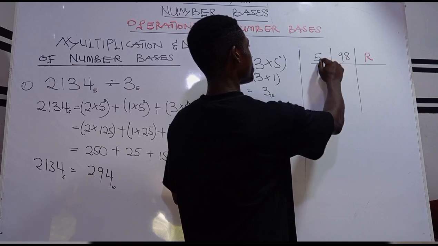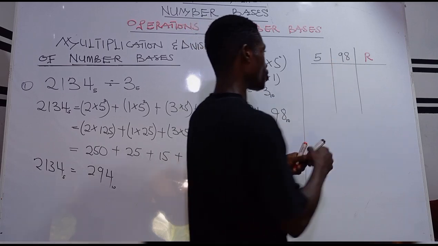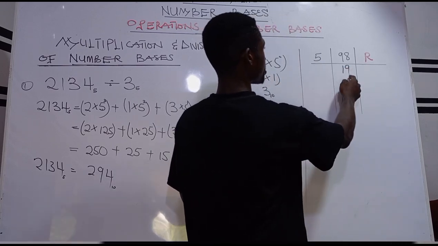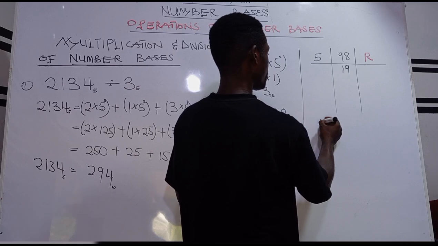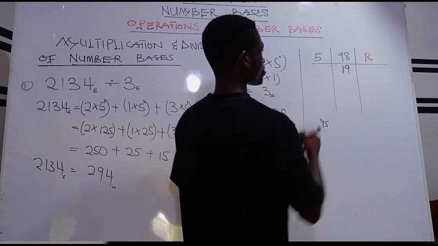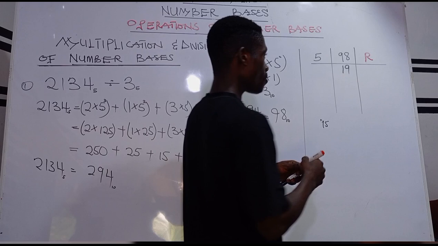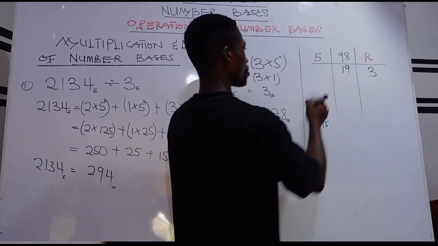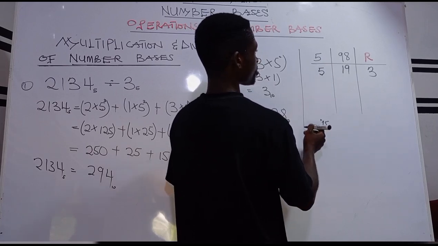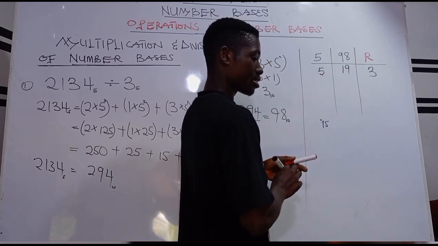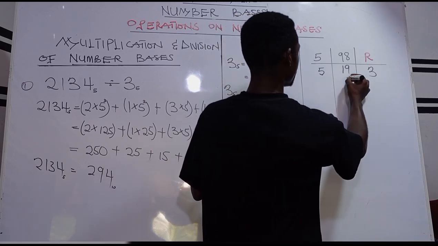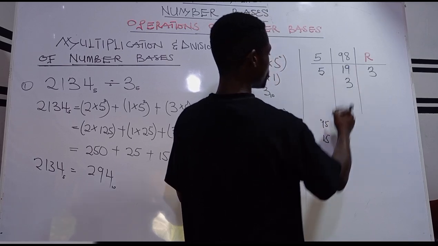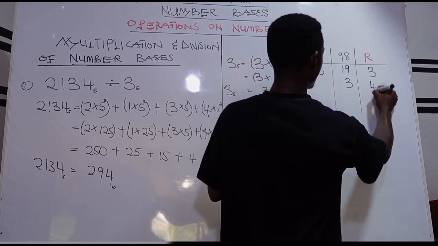98 divided by 5 will give us what? 19. So we write our quotient 19 here, and then 5 times 19 will give us 95. 98 minus 95 will give us a remainder of 3. So we write the remainder here. Good. Now we continue with our division. 5 into 19, how many times? We have 3. 5 times 3 will give us 15. 19 minus 15 gives a remainder of 4.